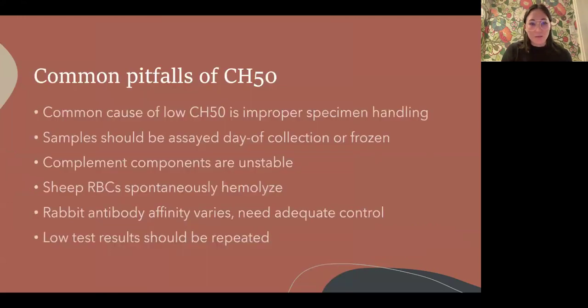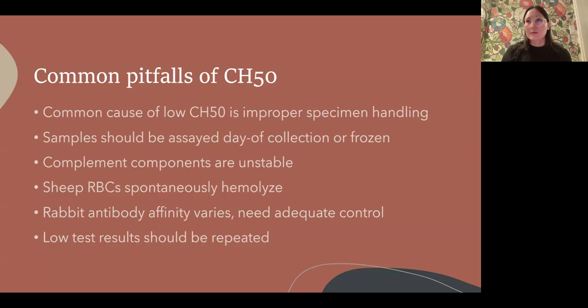So I wanted to go over common pitfalls of CH50 because we may have run into this in our own experience. So if you have a low CH50, the first thing you should wonder is if the specimen was appropriately handled, because there's a lot of different things that can go wrong. The complement components are unstable.